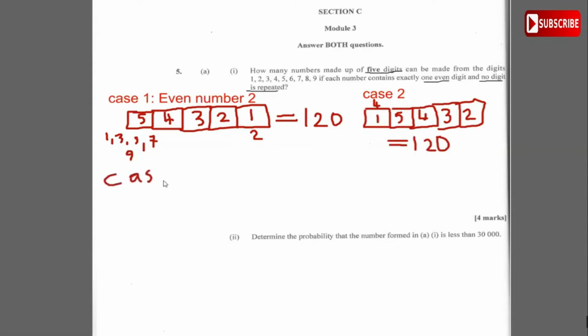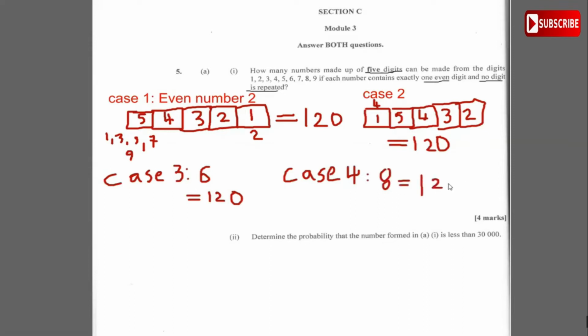Case 3 is choosing the number 6, and that's going to be 120 as well. And case 4 is choosing the even number 8, and we're still going to get 120.